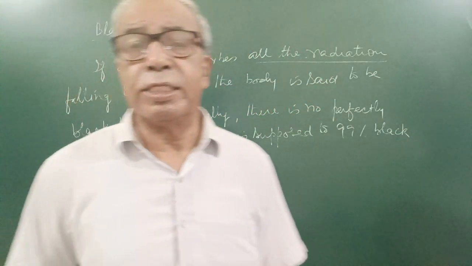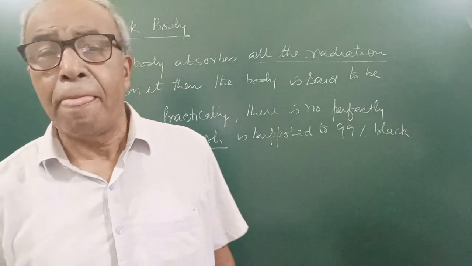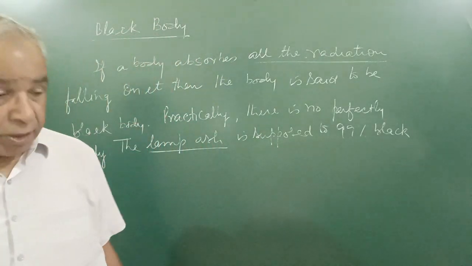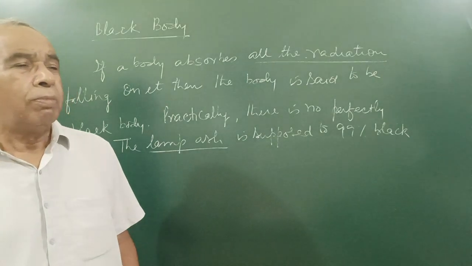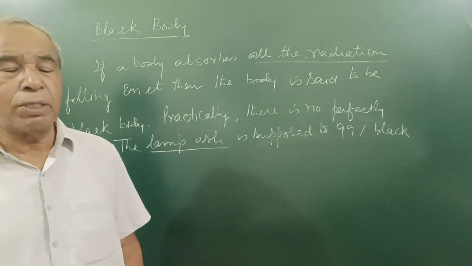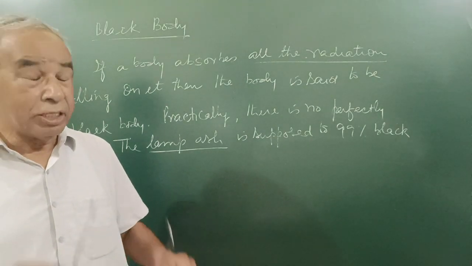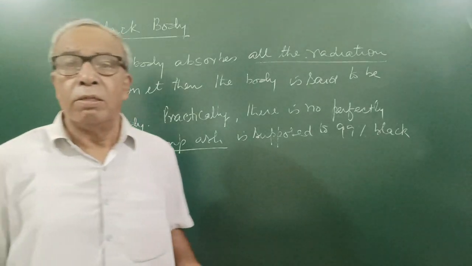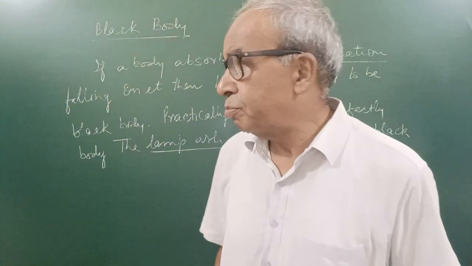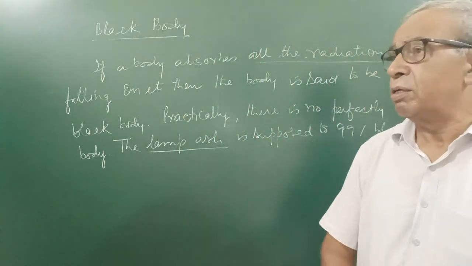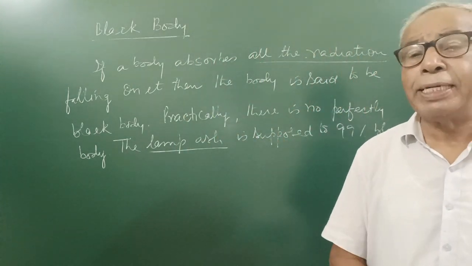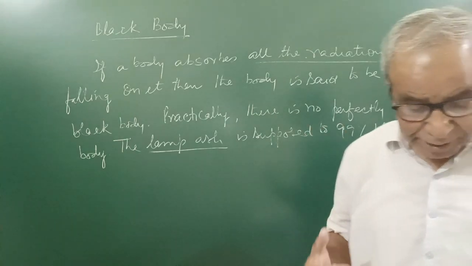In the universe, there are black holes. Those black holes are nothing but dead stars. Their gravity is very high. So whatsoever falls on them is absorbed, and light cannot be reflected back.